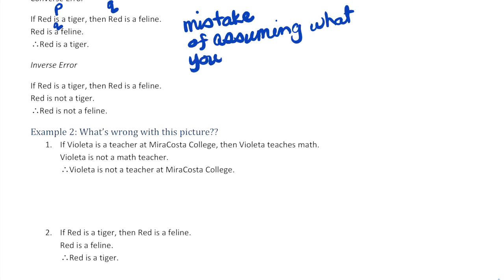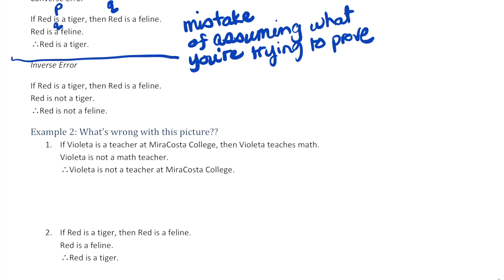People do this quite a bit. Okay, inverse error, on the other hand, is, so remember that P implies Q, assuming Q isn't going to work. This is a bad argument.